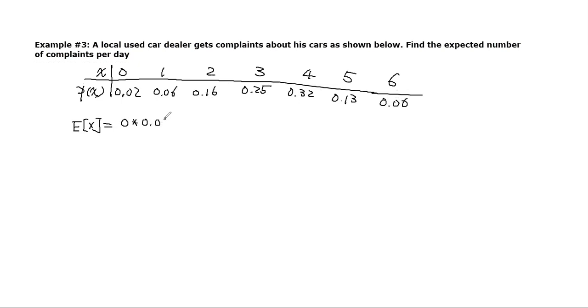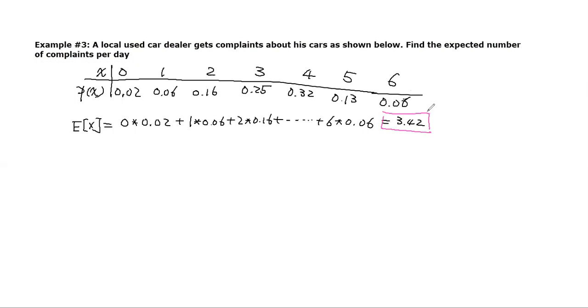So it's 0 times 0.02 plus 1 times 0.06 plus 2 times 0.16 and so on, plus 6 times 0.06. So you will get 3.42. That means on any given day, you expect 3.42 complaints.